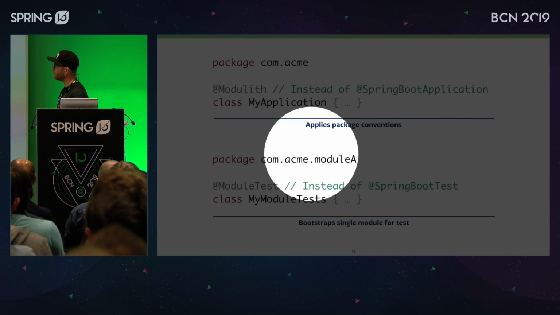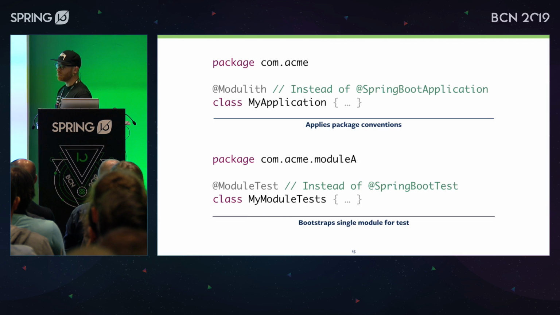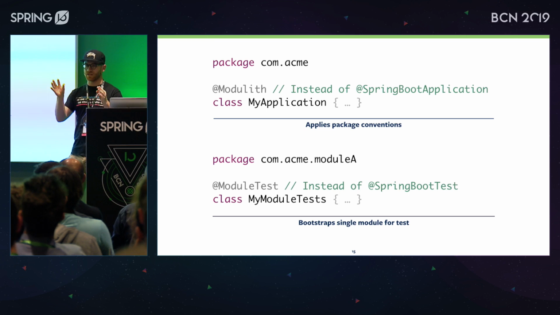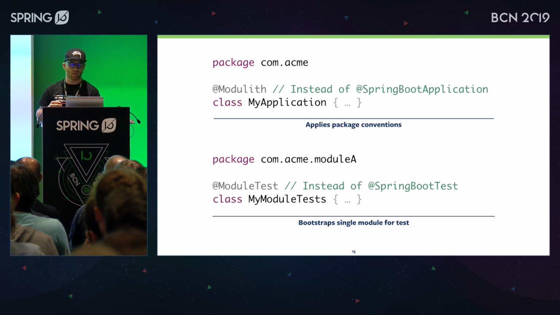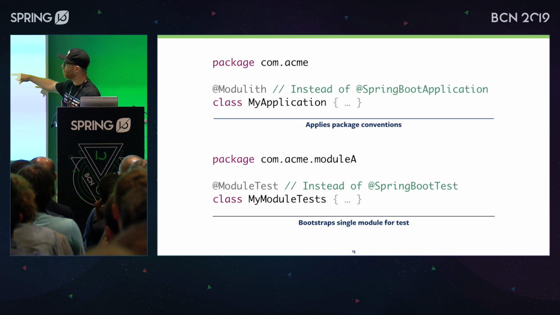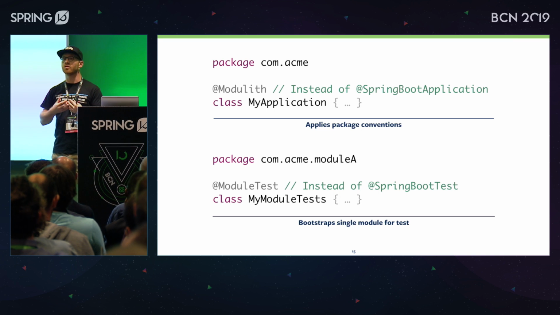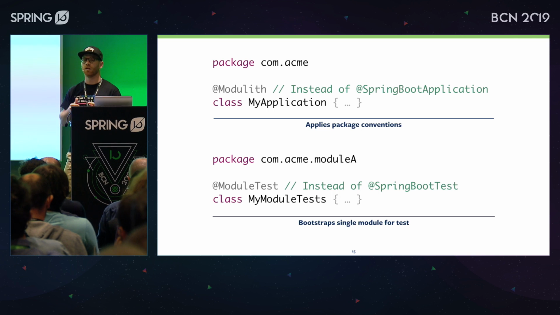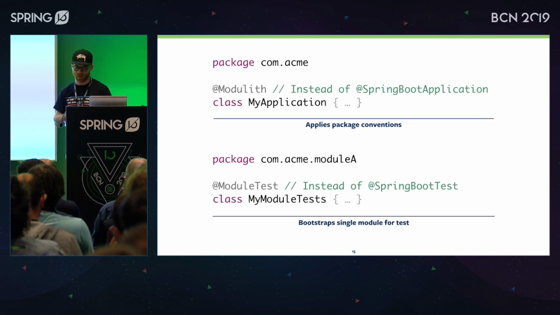It's in the module package, so in one of the business packages, and it says add module test. And that basically goes ahead and on test bootstrap starts that analysis of the module structure, and then finds out, okay, all the components that are just in that package, and reconfigures the Spring Bootstrap to only see that package effectively, right? Component scanning, JPA entity scanning, all that kind of stuff.